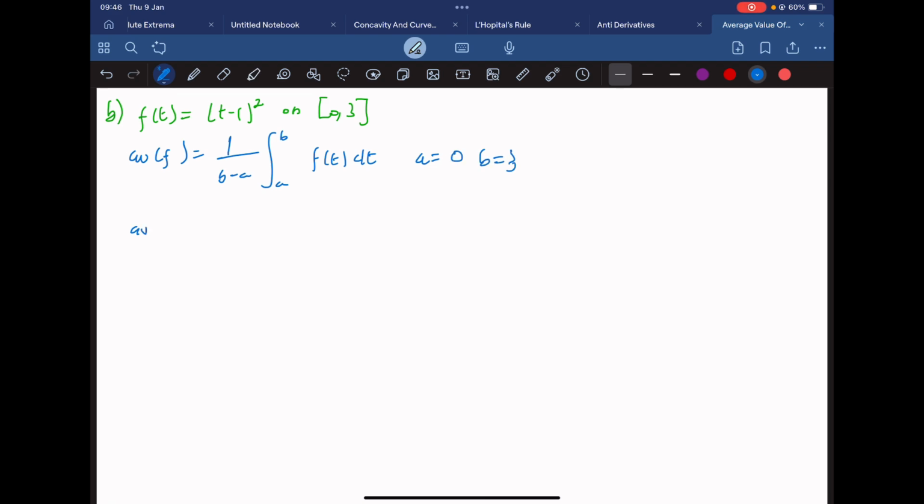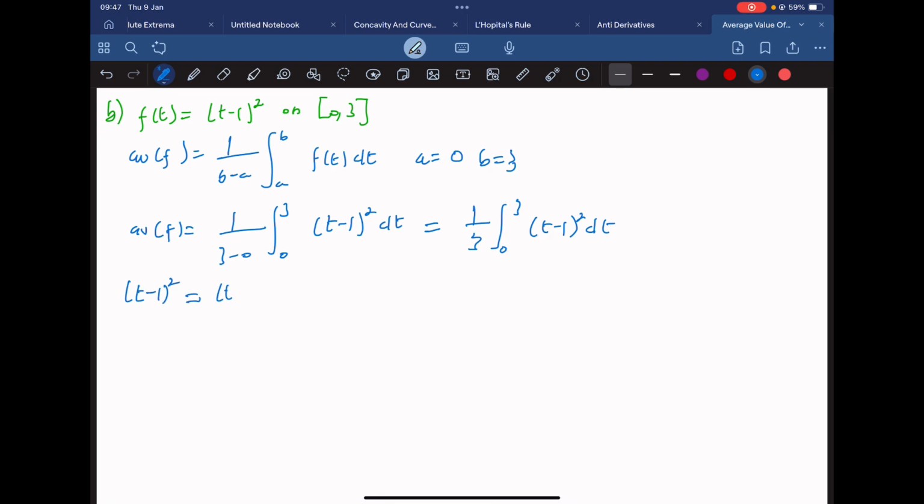So doing substitution, we have 1 over 3 minus 0, then the integral from 0 to 3. f of t was given as t minus 1 all squared dt. And this just simplifies to 1 over 3, the integral from 0 to 3 of t minus 1 squared dt. Now to integrate this, what you have to do is first expand. t minus 1 squared is the same as writing t minus 1 multiplied by t minus 1.